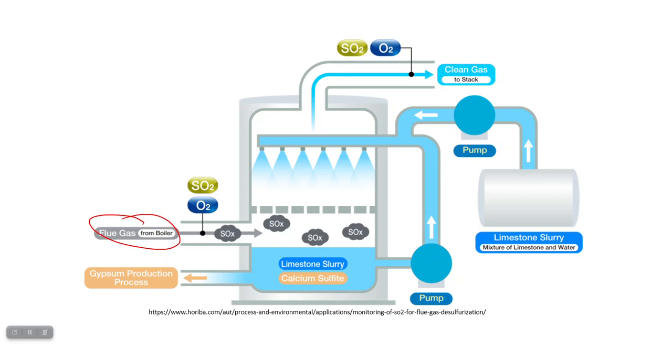As it falls, it falls into a pit with a limestone slurry or some sort of calcium containing compound, which will then react with the sulfur oxides to produce a material called gypsum. Gypsum has a number of uses, so it can be sold or used elsewhere. And then theoretically, you have clean gas that's being released.